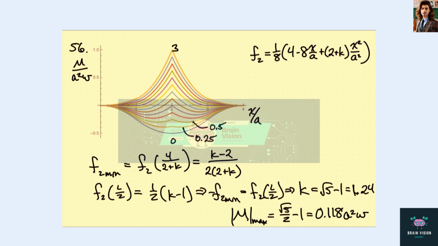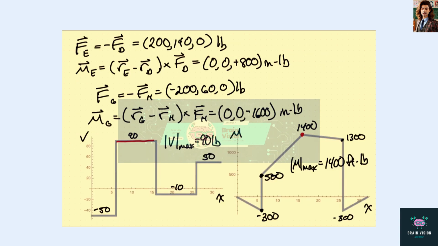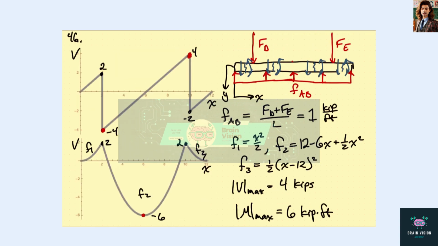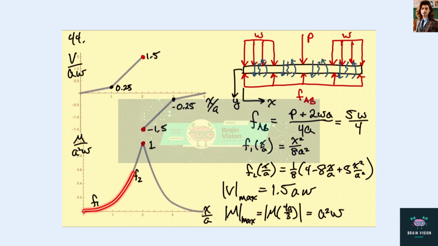And in the second case, we had a point load of 3WA. If we look back at those problems, in one case we had this distribution, and in the other case we had this distribution.